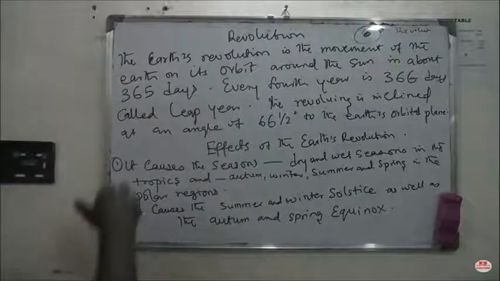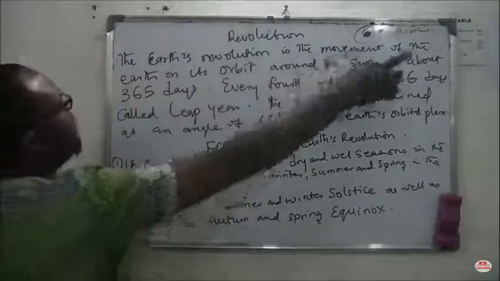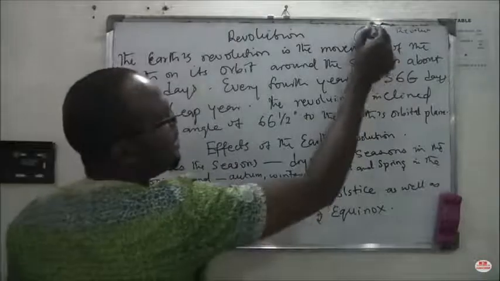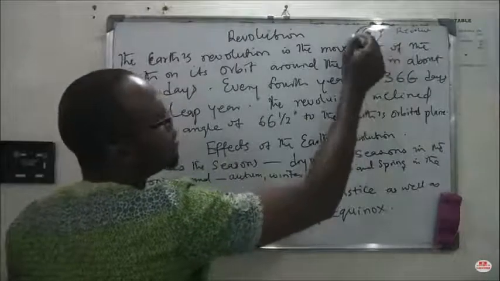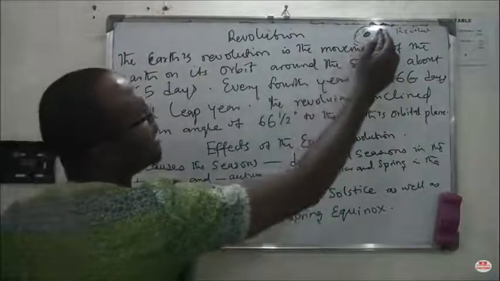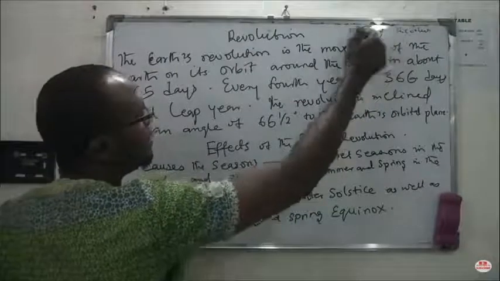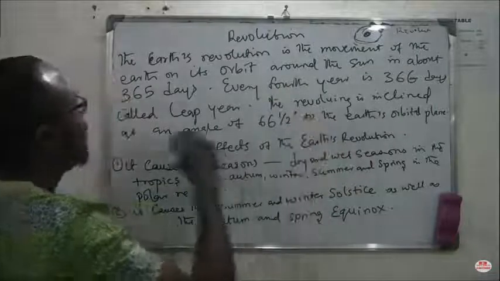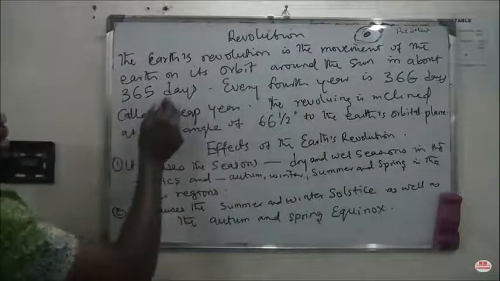So what is revolution? The earth revolution is the movement of the earth on its orbit. This path that it goes through is known as the orbit. It is the movement of the earth on its orbit around the sun, and it is done in about 365 days.